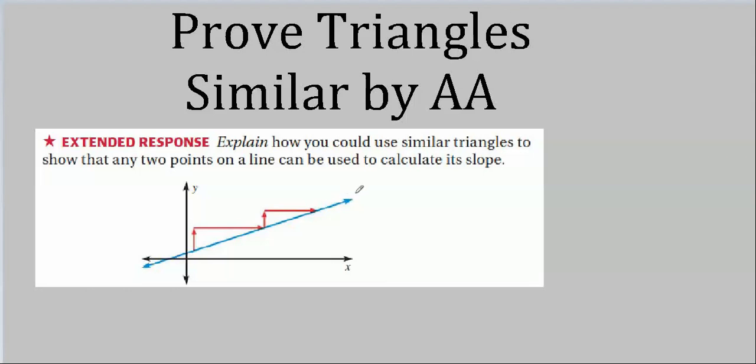Well, first off, how do we know these triangles are similar? Good question. Well, this is a right angle here, and this is a right angle here. Well, okay, we're halfway to our angle-angle postulate. Now these are two vertical lines.